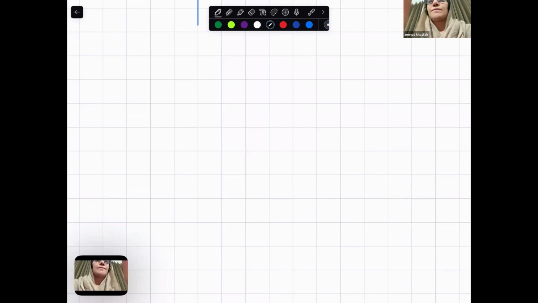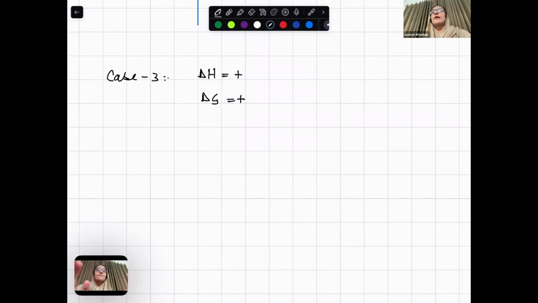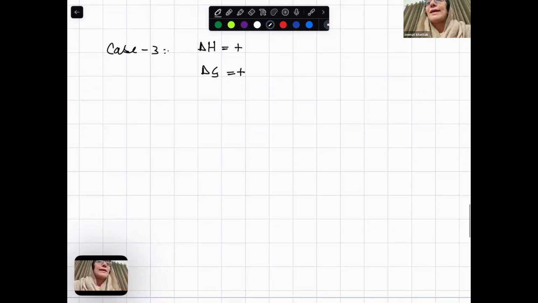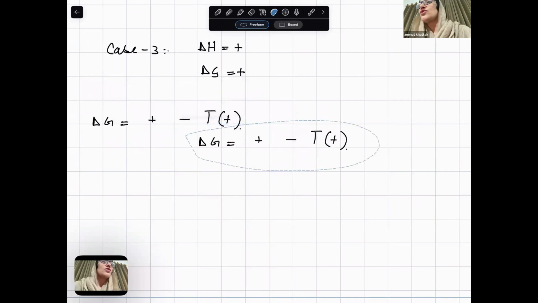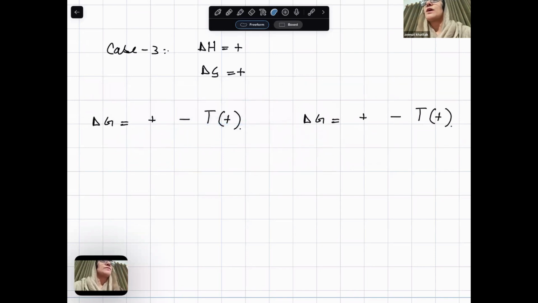Case 3. The delta H is positive. The delta S is also positive. Now, delta G is equal to delta H minus T delta S. There are two possibilities. How?